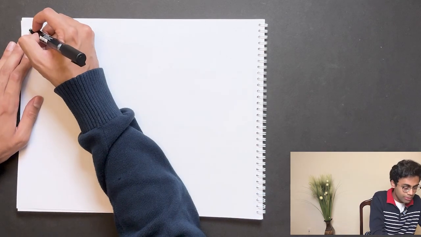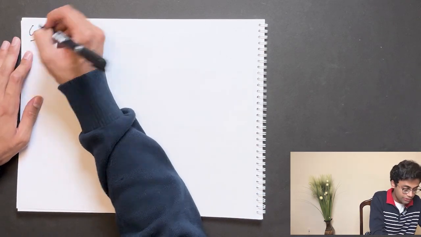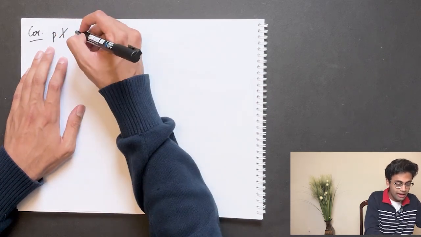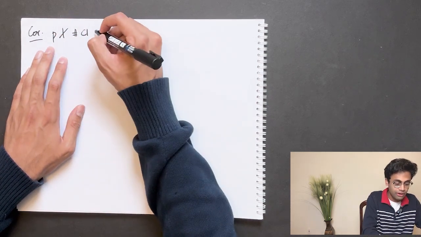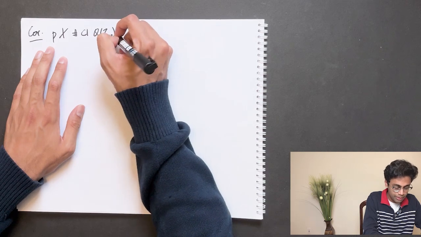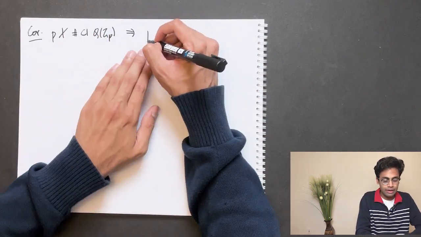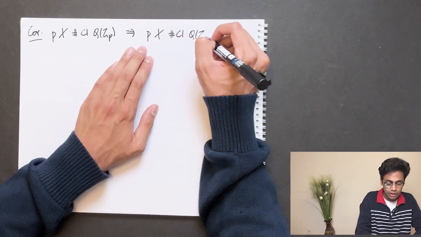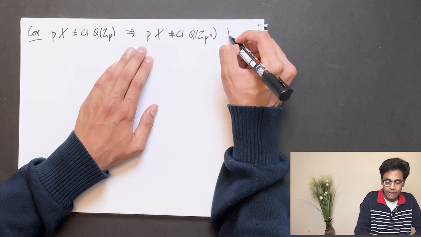Before that, let's already state a corollary, which is non-trivial. If p doesn't divide the class number of Q(zeta_p), then p doesn't divide the class number of Q(zeta_p^n) for all n.